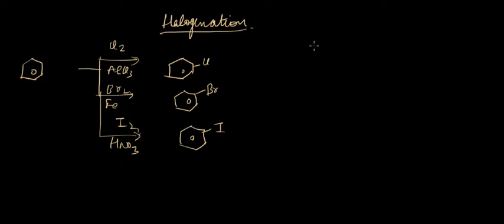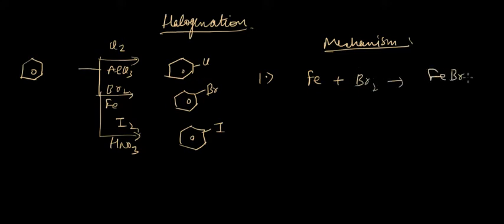let's actually discuss the mechanism of these reactions. The mechanism is something like, in the first step we have Fe, and on reaction with Br2 it gives FeBr3.